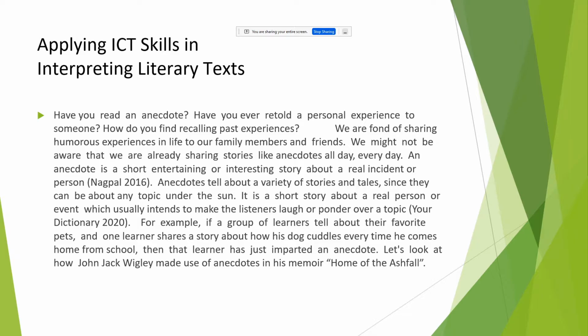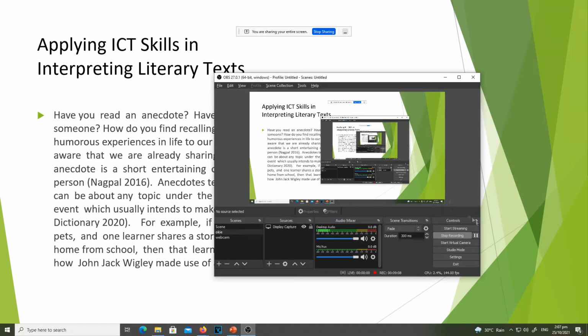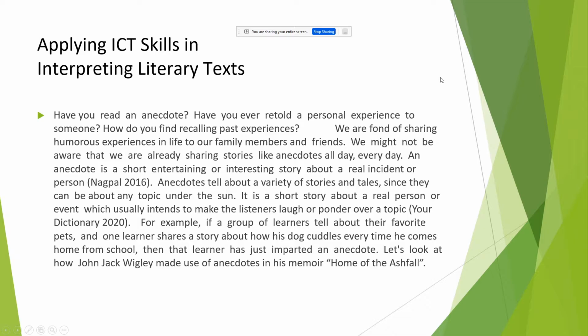So, yun nga po, sa applying ICT skills in interpreting literary text, para sa akin, if ICT skills is used in interpreting literary text, it would be more entertaining, more colorful, more appealing, and easier to read, interpret and understand by us, the readers.